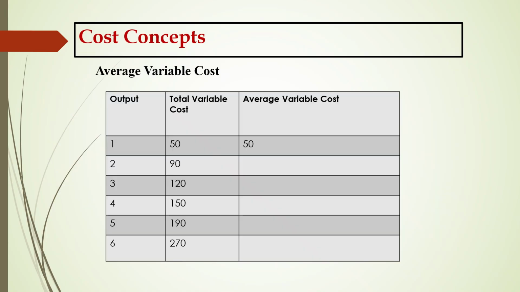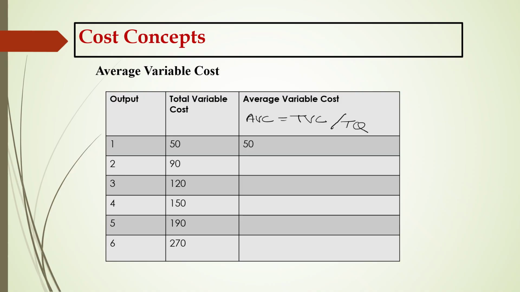So here you can see this is total variable cost. So average variable cost is what? What is the average variable cost formula? Average variable cost is equal to total variable cost divided by output or total quantity. So here 50 divided by 1 is 50.